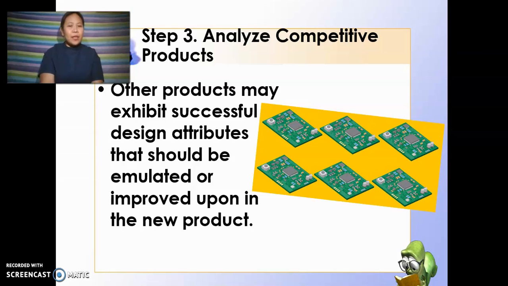Other products may exhibit successful design attributes that should be emulated or improved upon in the new product. So it may be available in the market, but what are the means that we can improve the existing product that is already in the market?